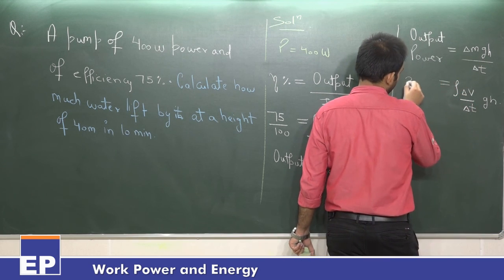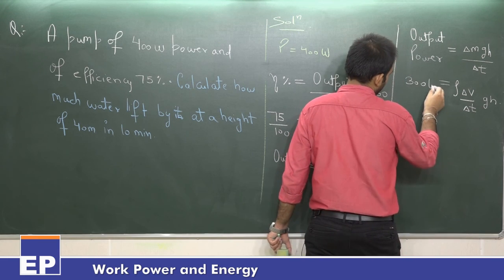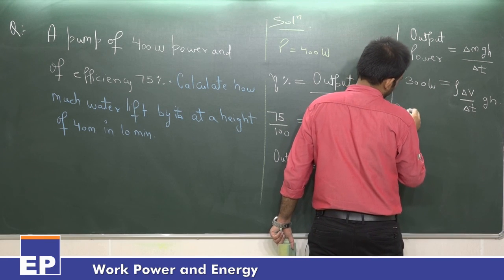That is 300 watt. What is the density of water? 10 raised to power 3.